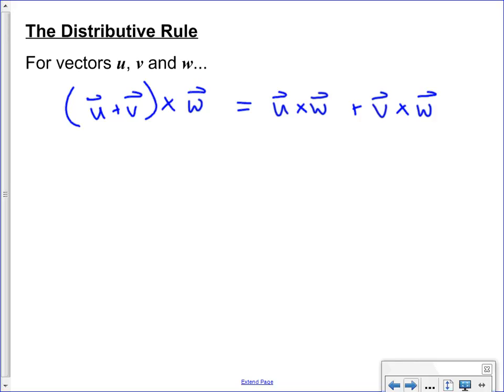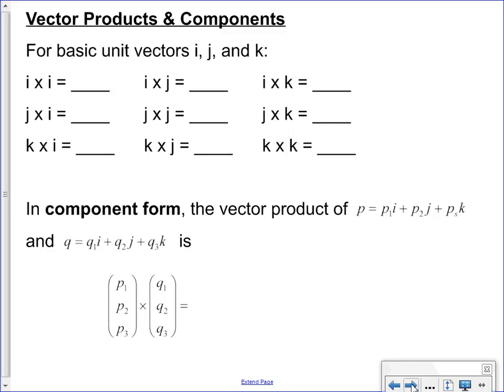Okay. Here we go. If you take the cross product of your unit vectors, a pattern happens. The cross product of i cross i, since it's the same thing, is going to be 0. And then i cross j will be k.